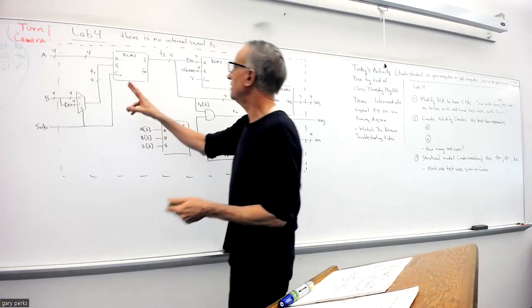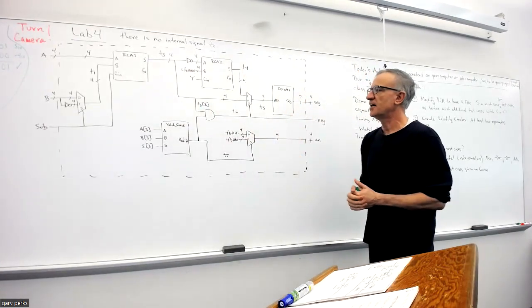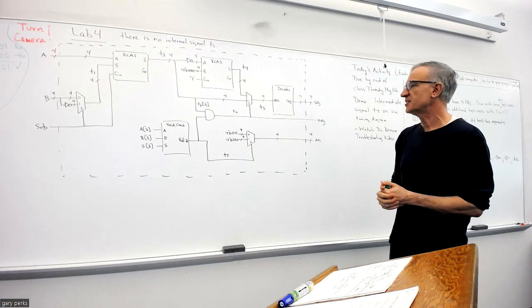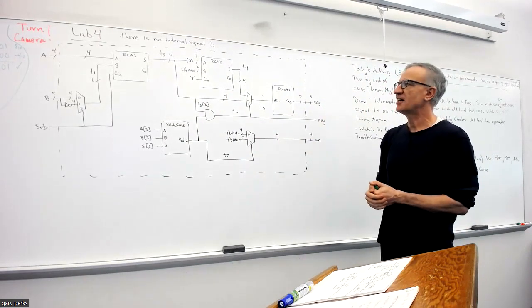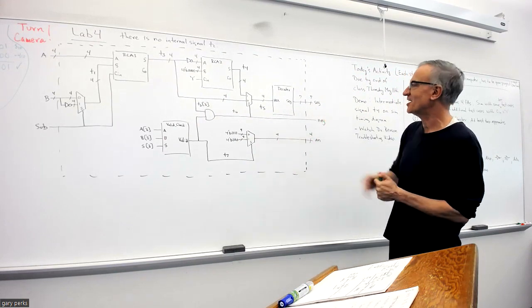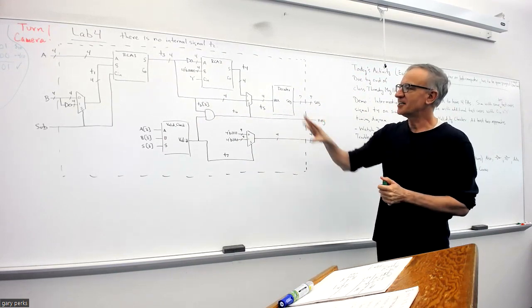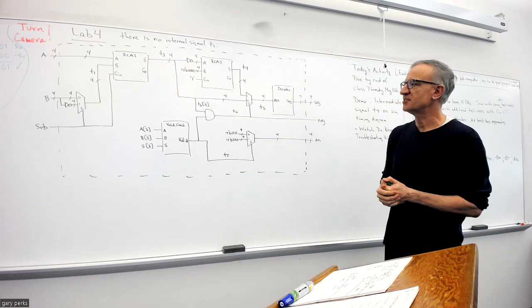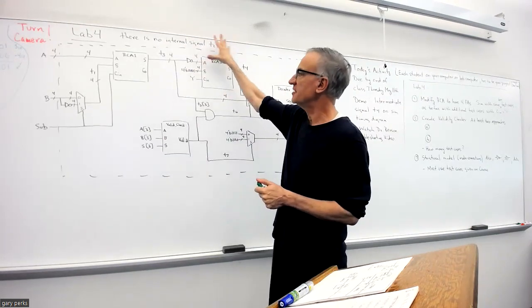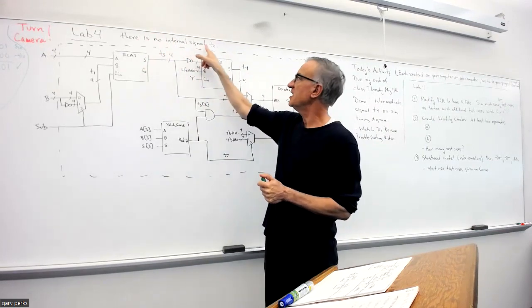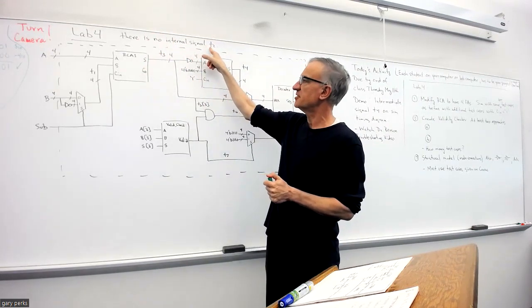Okay, so this is the lab 4 diagram, the same as what's on Canvas. I had it up here for my 8 to 11 class, and I think everything's right. I don't think I made any typos or omissions. Now, there is one omission: there is no internal signal T2.